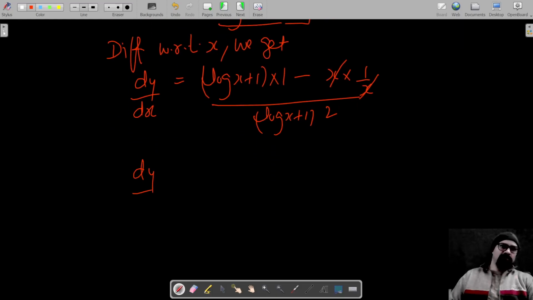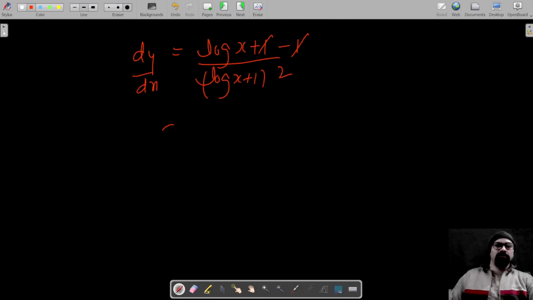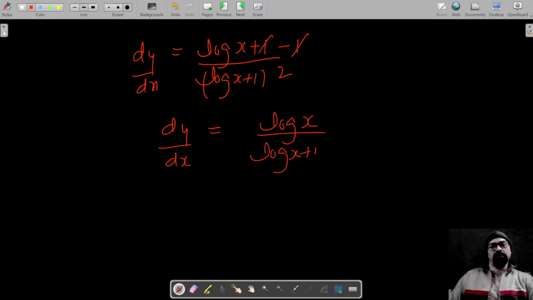And this is now dy by dx is equal to log x plus 1 minus 1 upon log x plus 1 the whole square. So finally we have dy upon dx is equal to log x upon log x plus 1 the whole square.